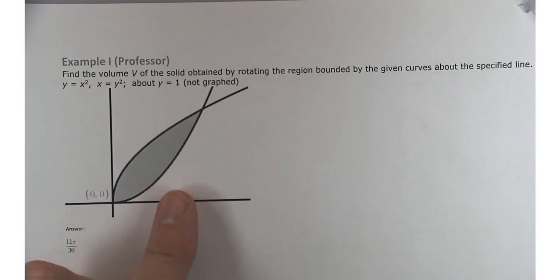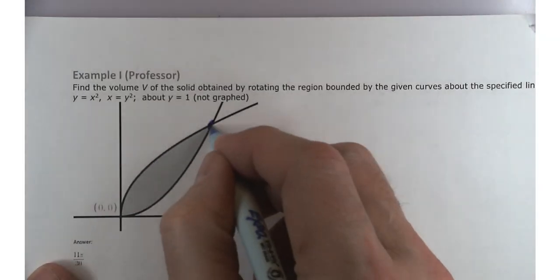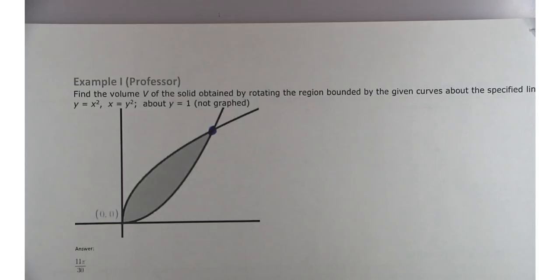Like for instance, the point where these two graphs cross each other. Y equals x squared, x equals y squared. How would you find those 2 points if you didn't know it and you didn't have a nice good graph? Yeah, set the equations equal to each other and solve.